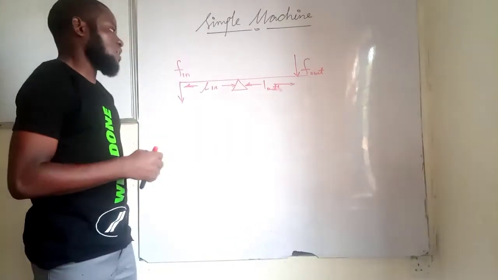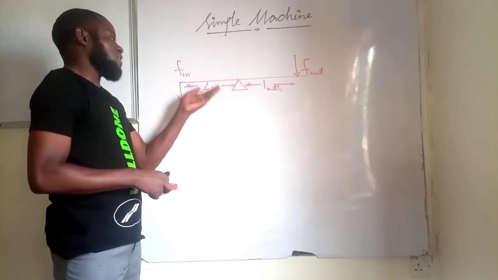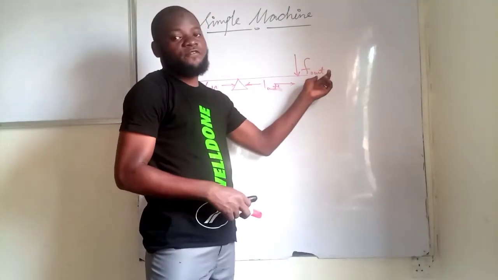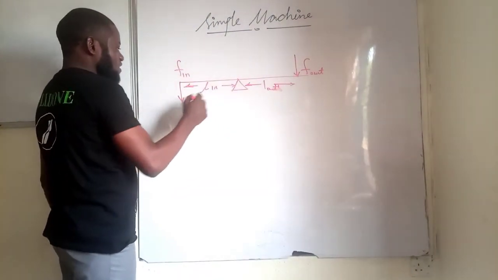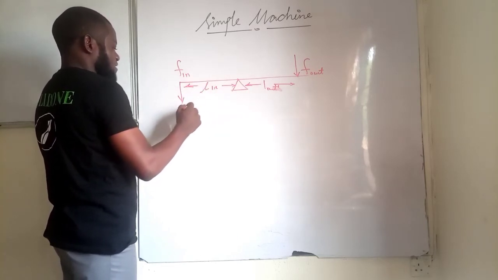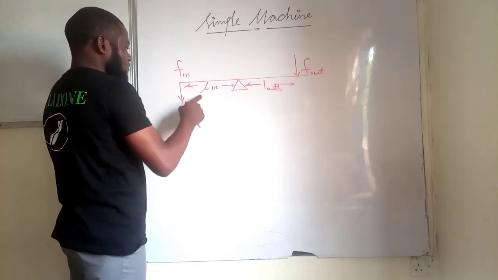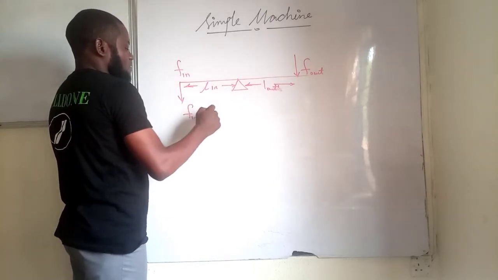Now, if I want to calculate, probably they ask me to look for the value of the first input, or the value of the first output. All I need to do is to take the moment of this and this. So if I take the moment, I will have that the first input multiplied by the lever arm.